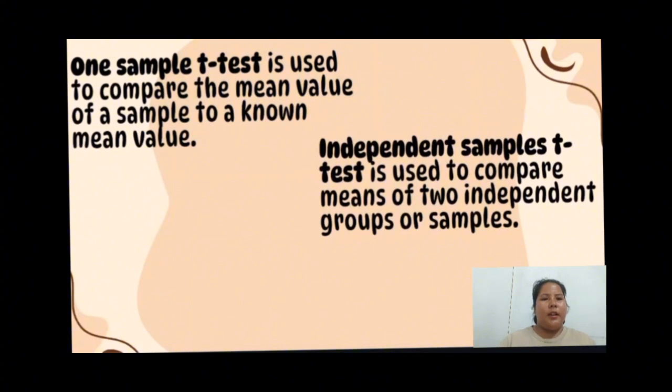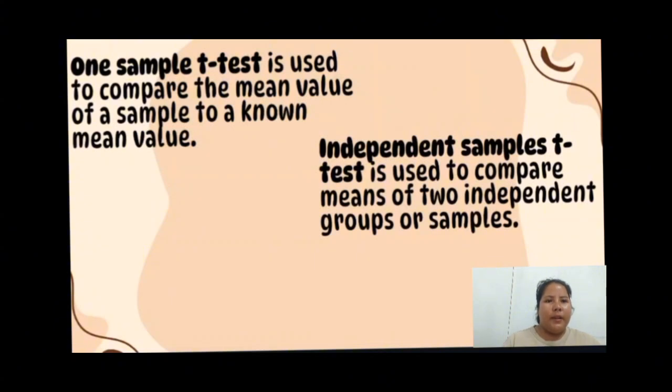Next is the independent sample t-test. So when to use it? It is used to compare the means of two independent groups or samples. For example, we would like to know the effectiveness of two painkillers. So we randomly select 60 people and divide them into two groups.